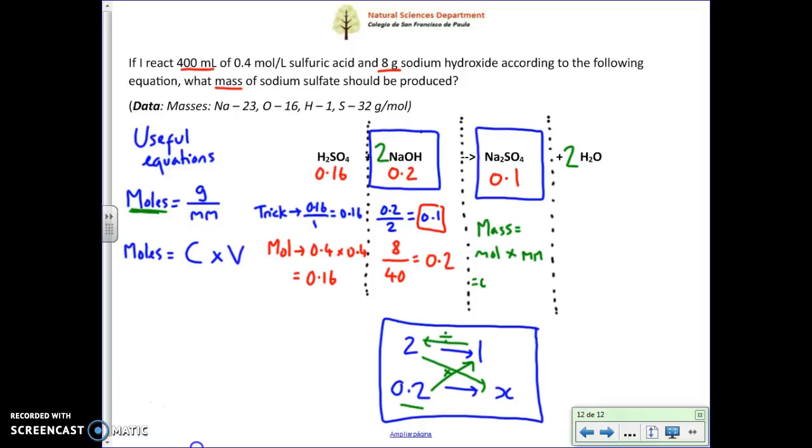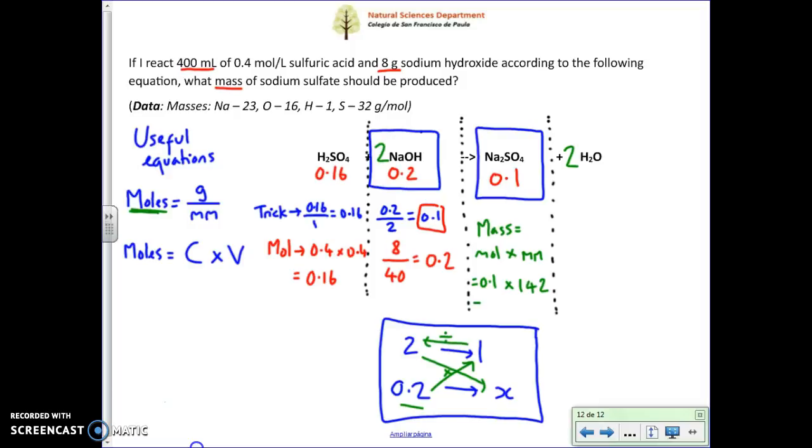How many moles do I have? I've got 0.1 moles. What's the molecular mass of sodium sulfate? I'll give you a clue. It is 142, well done. All you need to do is add up 2 sodiums, 1 sulfur, 4 oxygens, it's 142.